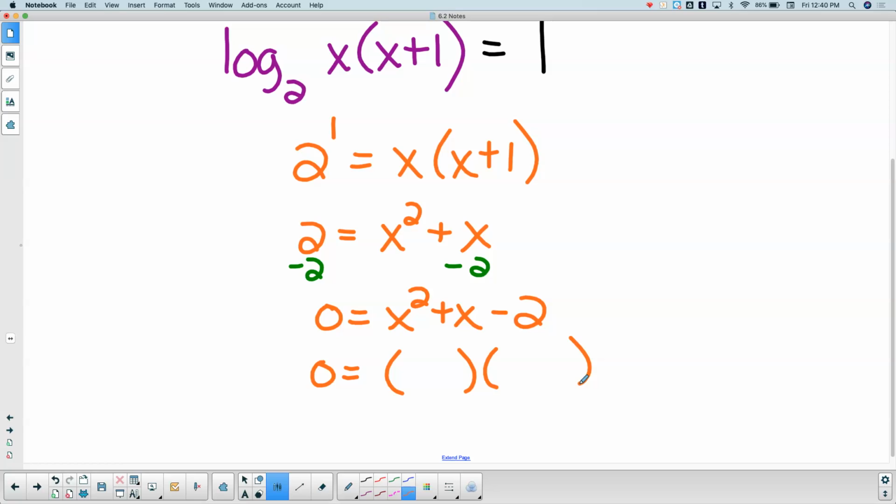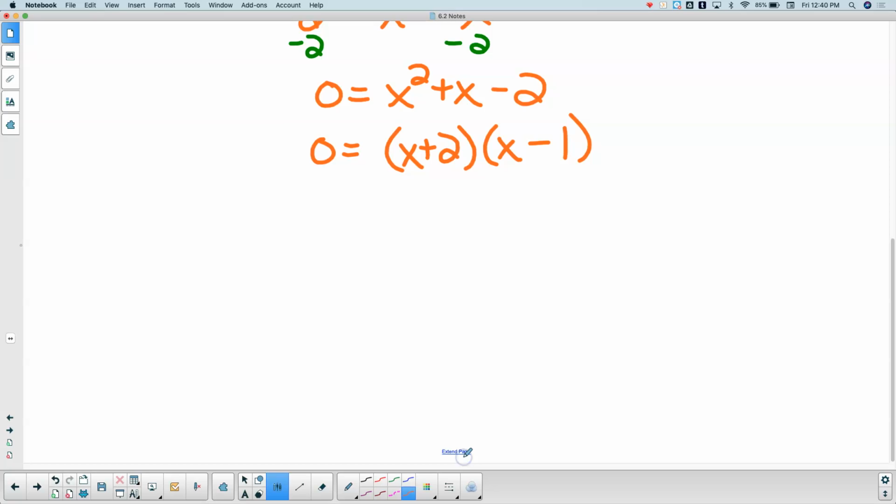Yes. To what? X plus 2, x minus 1. What if it wasn't factorable? Quadratic formula. Now what? Set each factor equal to 0.